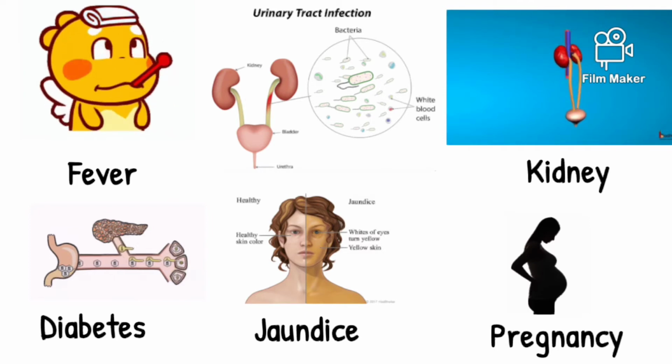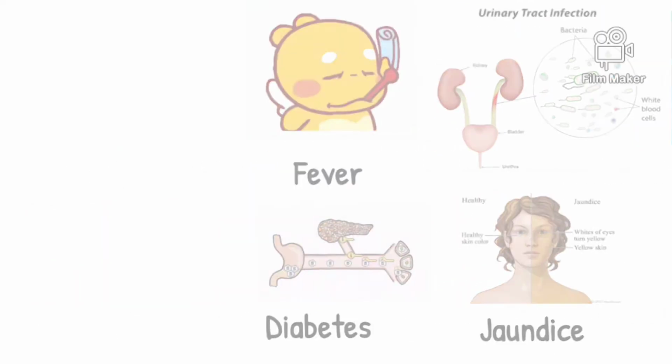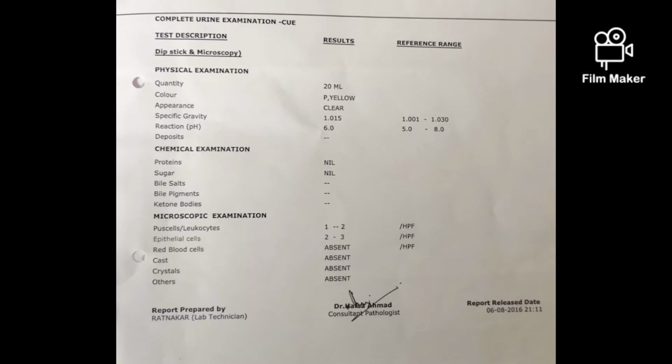Whenever a urine test is advised, when we get the report, we will see that it is categorized into three categories: physical examination, chemical examination, and microscopic examination. Physical examination is visually seeing the sample.